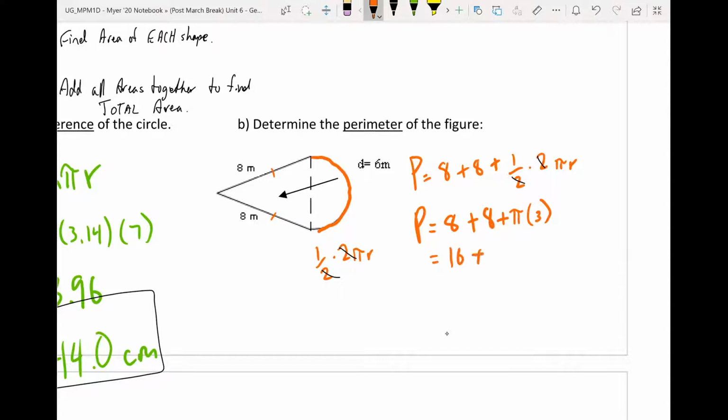So 16 plus 3 pi, which is what, 9.52. So we got 25.52, which I'm going to round off again. It's 25.5 meters.